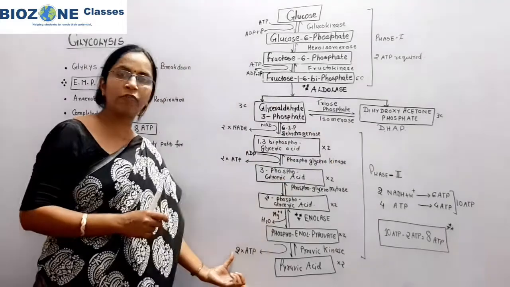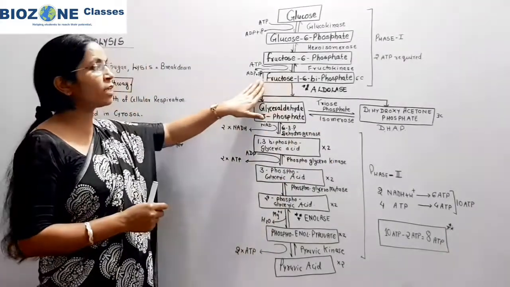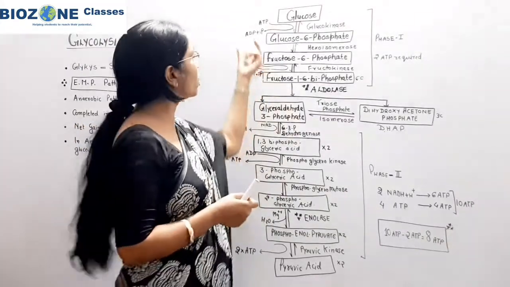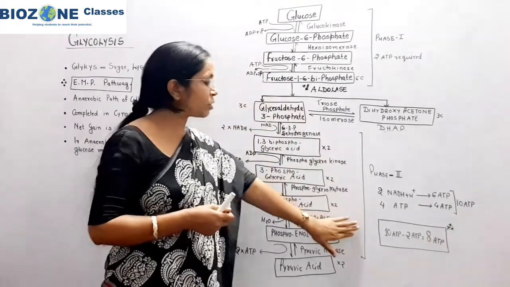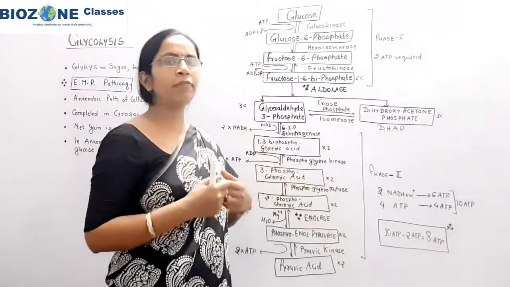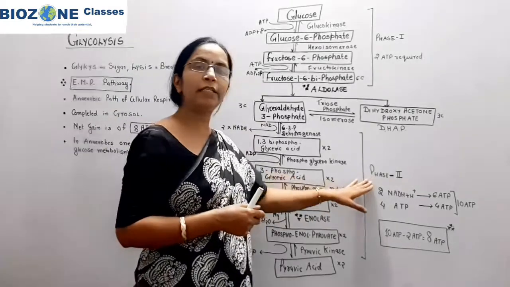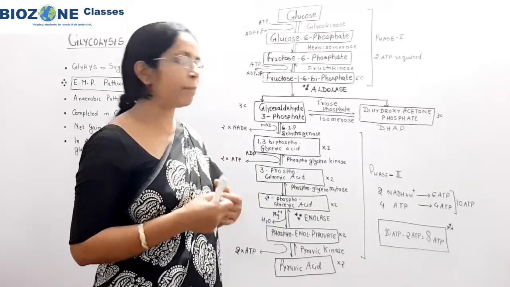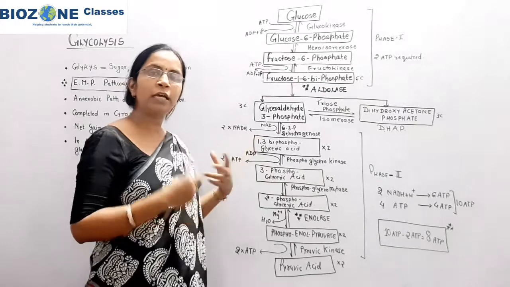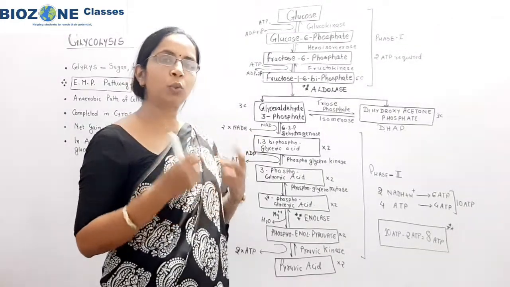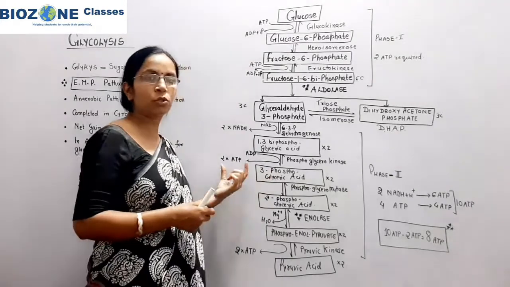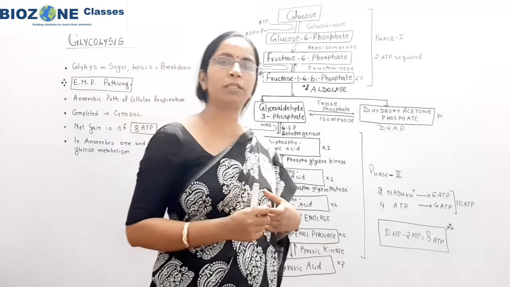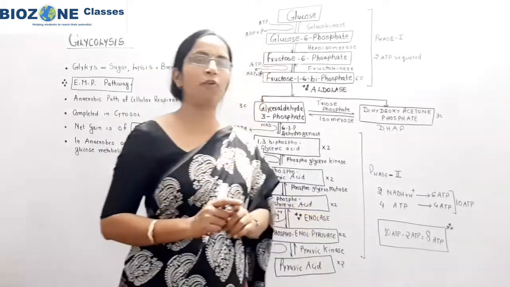Now we come towards the second phase of glycolysis. The first phase is the energy demanding or energy requiring phase, because 2 ATP are required. But the second phase of glycolysis is the energy generation phase, where energy is produced in the form of NADH, and at 2 reactions or 2 sites ATP is also produced.